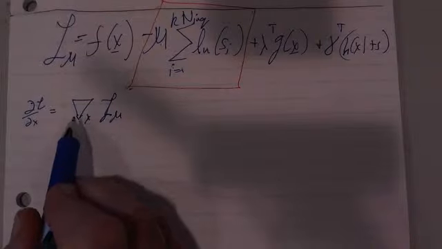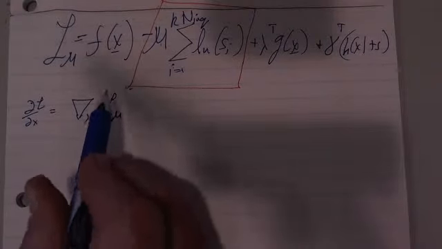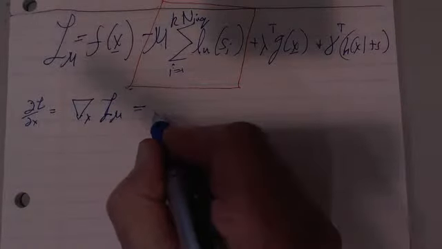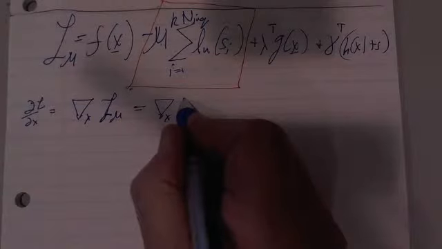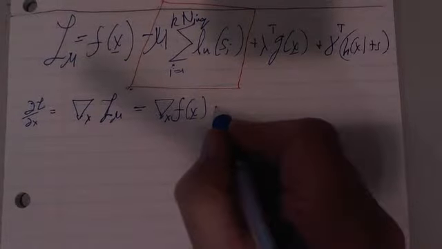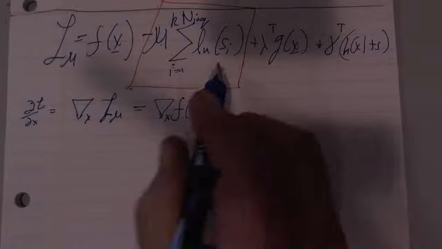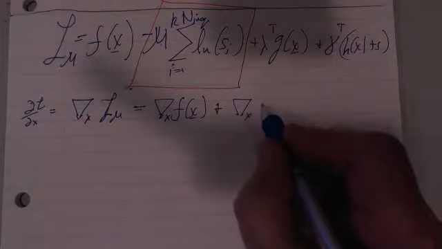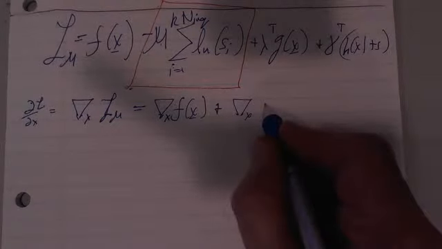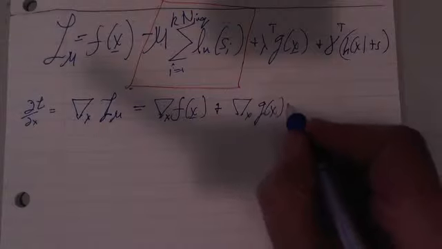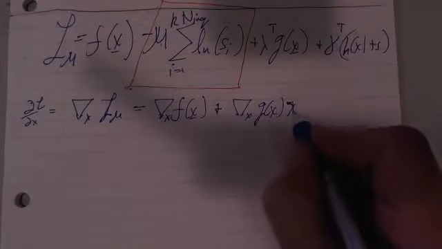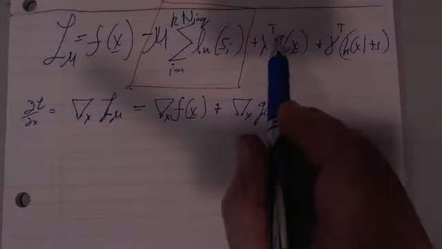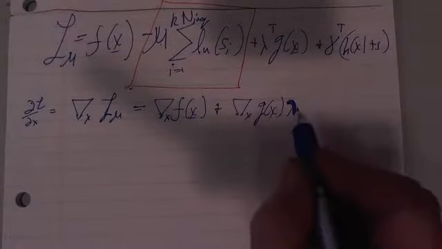That simply means to take the gradient, and that's just a vector of first derivatives, which is then equal to the gradient with respect to x of f of x plus, there's no x in this thing, so then it's the gradient with respect to x of this thing, and that turns out to be simply the gradient of g of x times the lambda vector. The lambda was a vector transpose, a row vector, now it's a column vector.